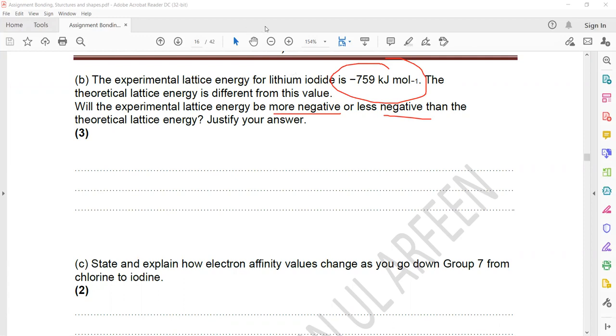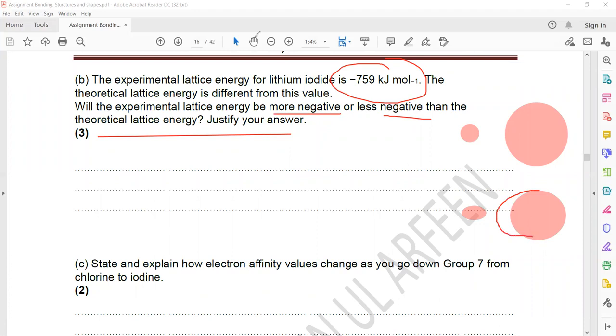In theory we consider ions to be perfect spheres, but experimentally the ions are not perfect spheres, so distortion is there, and due to the distortion the ions are closer to each other. That's why the experimental lattice energy is always higher than the theoretical lattice energy. So the experimental lattice energy will be higher.